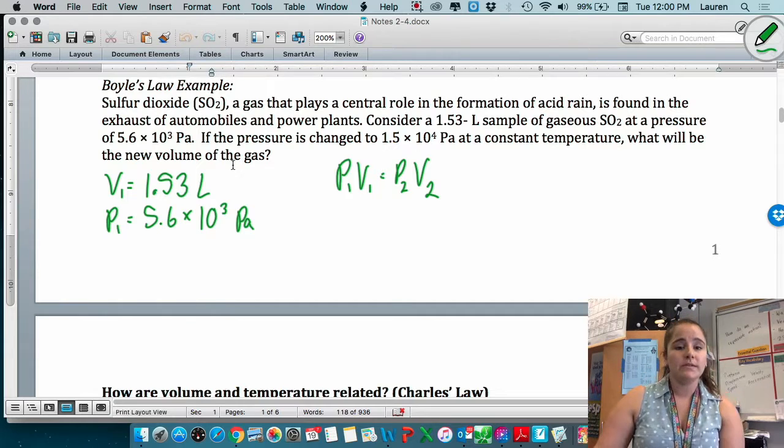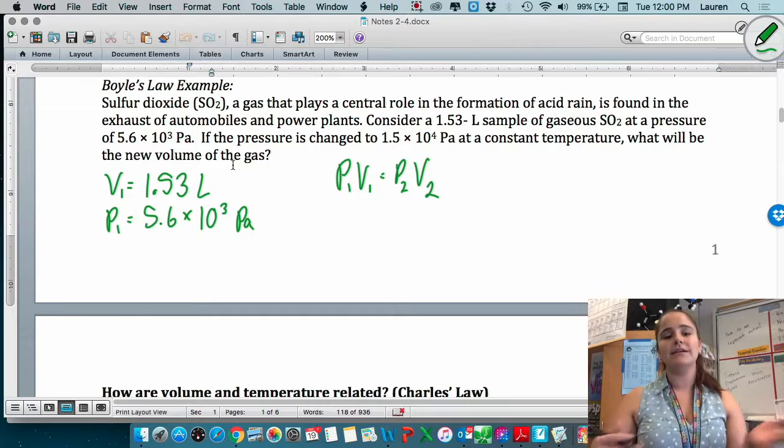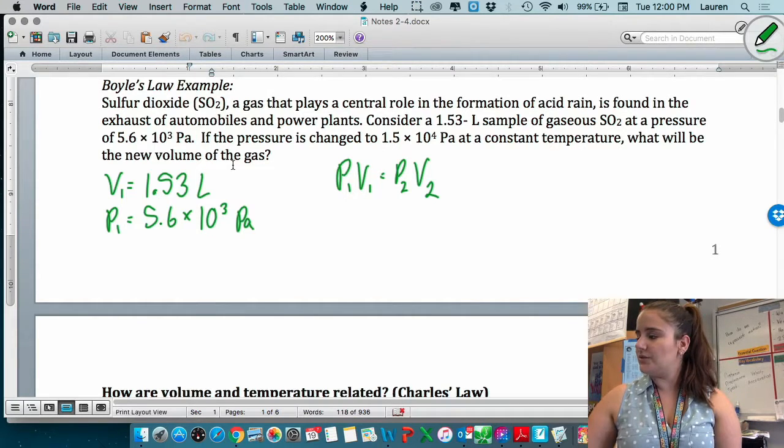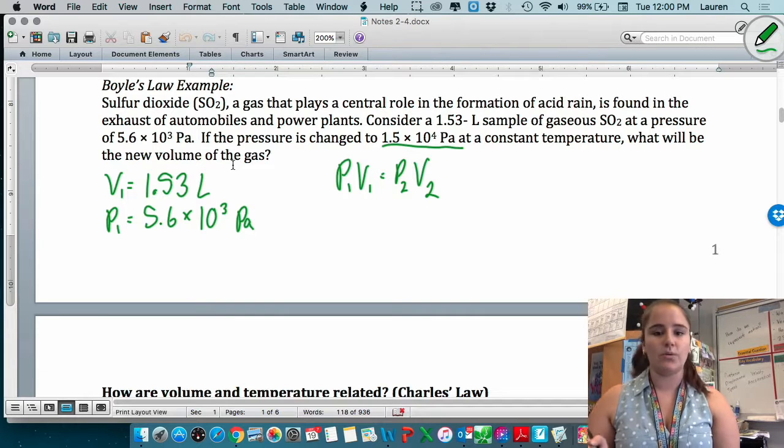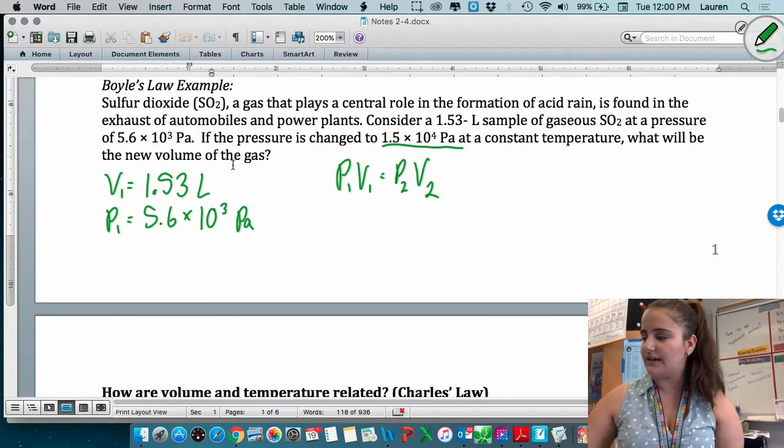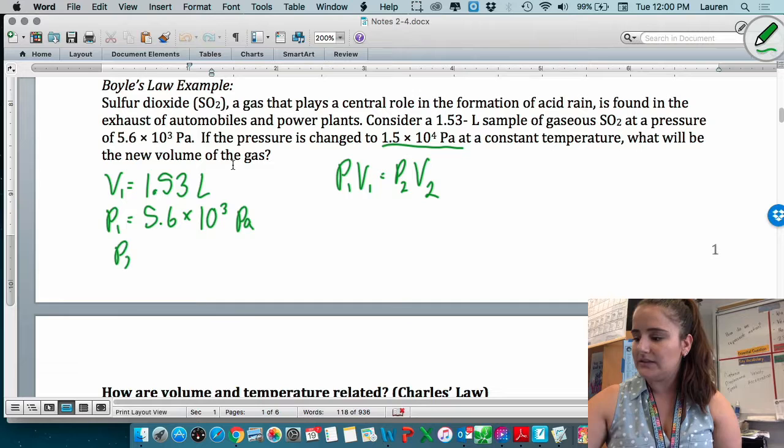When using these gas laws, you can use any pressure unit that you want as long as you stay consistent. Same goes with volume. It doesn't matter if you're using liters or milliliters as long as you stay consistent. Then the pressure is going to change. So 1.5 times 10 to the fourth, that's going to be our P2.